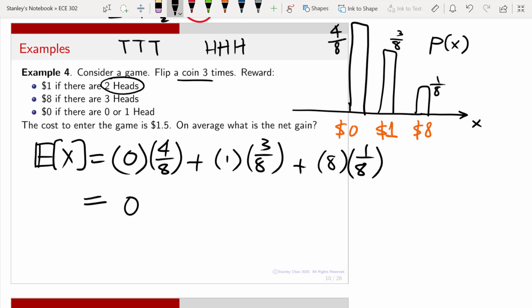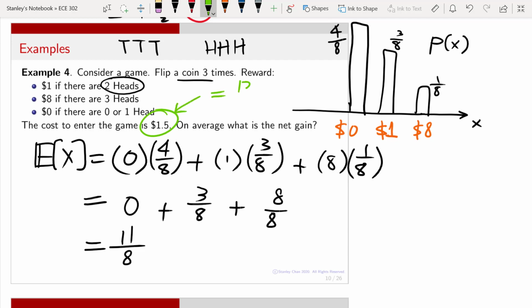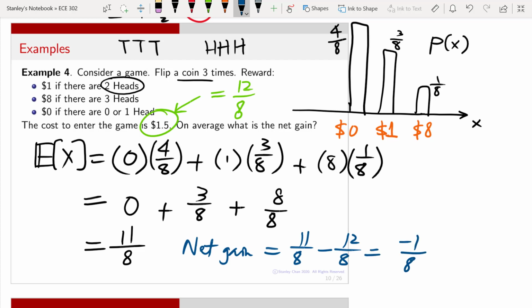So that will give me 0 plus 3/8 plus 8/8, and that will be 11/8. Okay, and the cost to enter the game is $1.50, which equals 12/8. And so the net gain is 11/8 minus 12/8, and so you will on average lose 1/8.